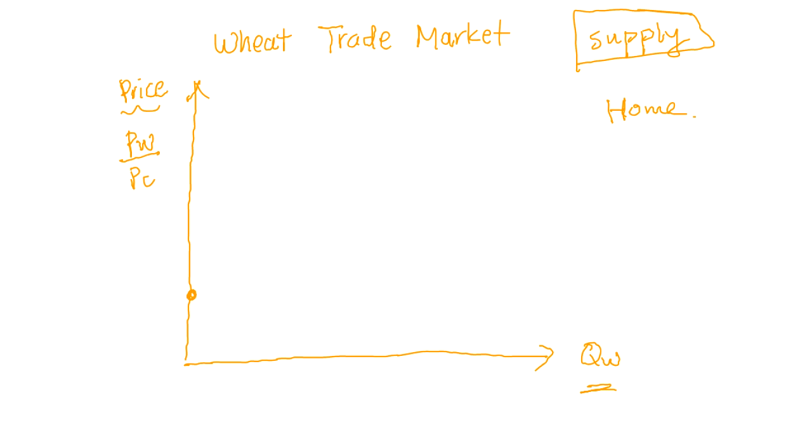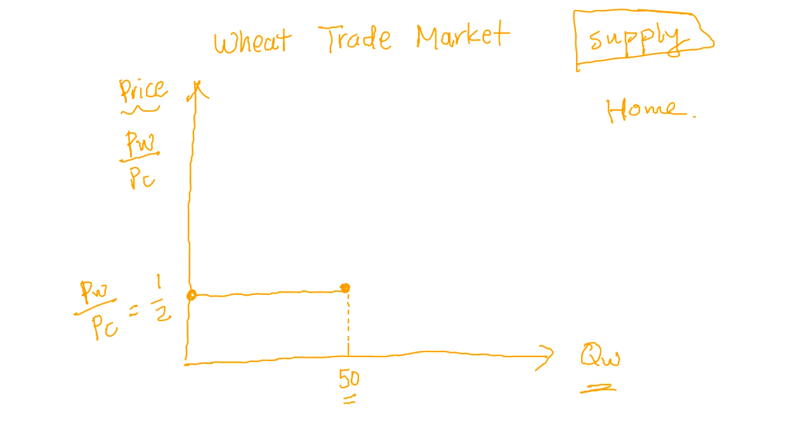So here will be a flat line until the perfect specialization. Here, the original relative price of the wheat is equal to a half.